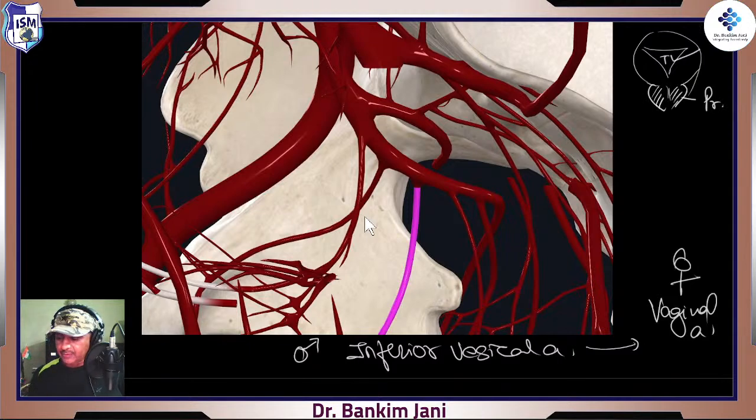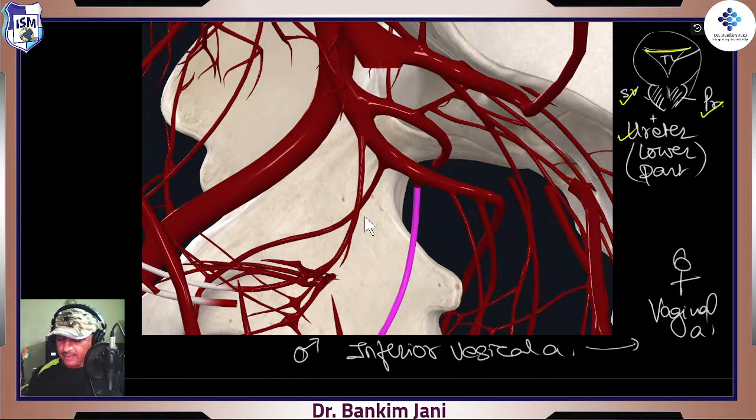Obviously, on the back side, there are the seminal vesicle and the lower part of the ureter. So pretty important: ureter, seminal vesicle, prostate, and the trigone, right?